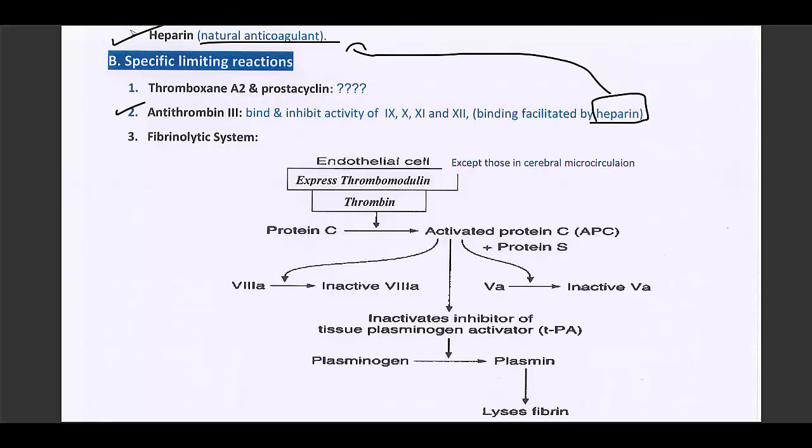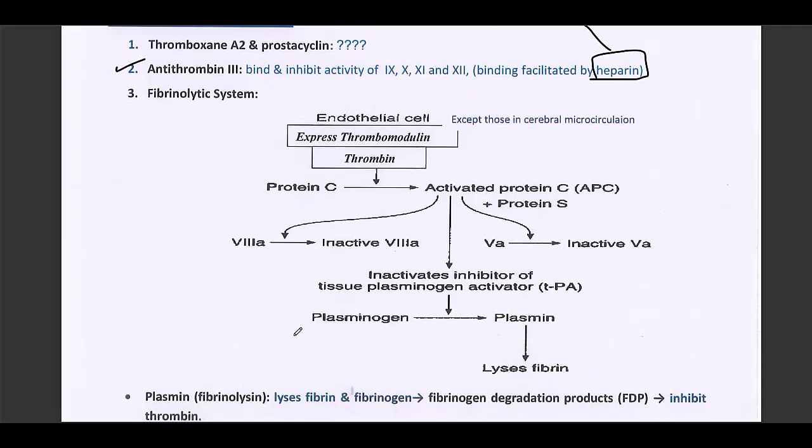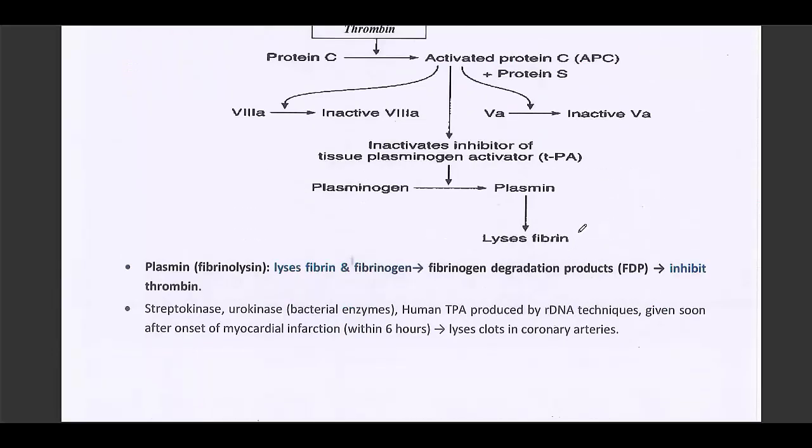Okay. It also inactivates the inhibitor of tissue plasminogen activator, which turns plasminogen into plasmin, and plasmin causes lysis of fibrin. Plasmin's main action is lysis of fibrin, dissolving this network. Okay, dissolve it.